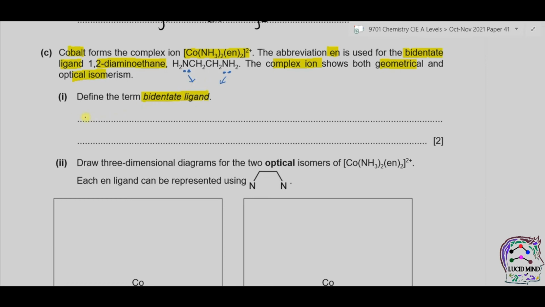So we can write that it is a species that donates two lone pairs to form two coordinate covalent bonds or dative bonds with the central metal atom, which is transition metal.